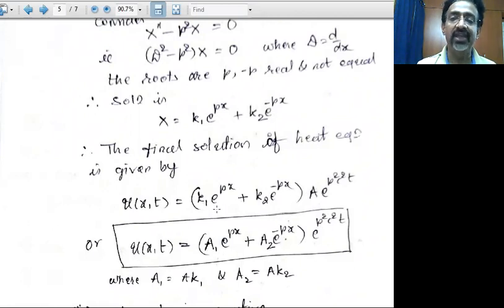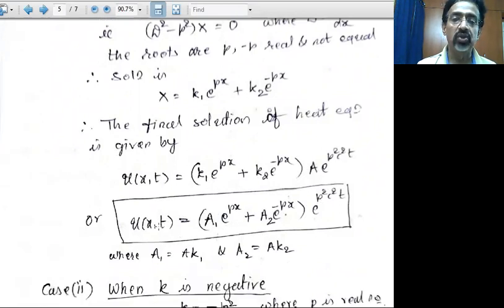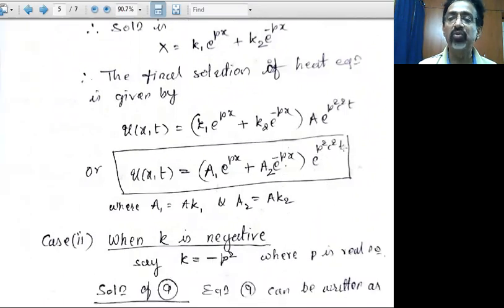I take this A inside: k1 times A I write as a1, and k2 times A I write as a2. So U of x comma t will be a1 e raised to px plus a2 e raised to minus px, times e raised to p squared c squared t. So this is my solution when k is positive.